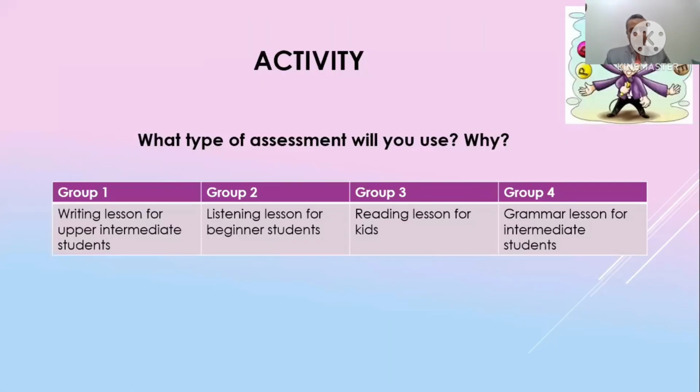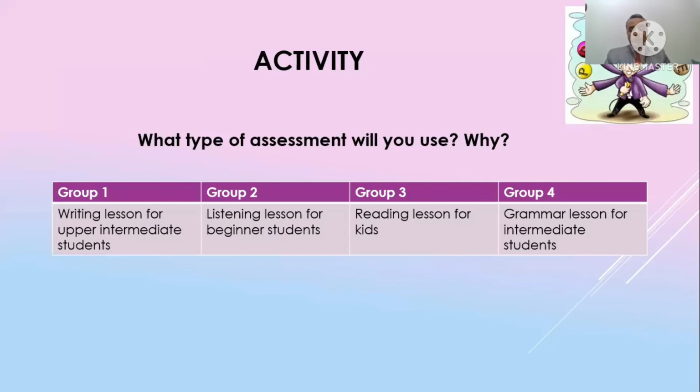This is the last activity we are going to do in groups. Try to choose any question from these groups. If you are doing a writing lesson for upper intermediate students, which one of the four kinds of assessment are you going to choose? Number two, if you are doing a listening lesson for beginner students, which one are you going to use?